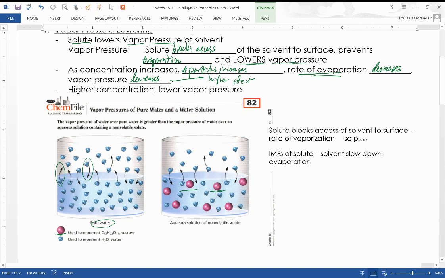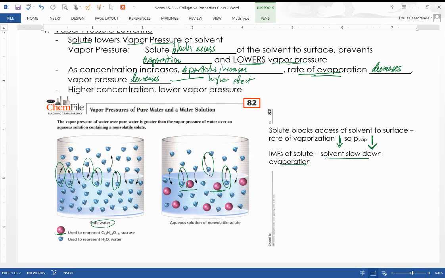So the rate of evaporation, let's see, we had 1, 2, 3, 4 going up, 1, 2, 3, 4 coming down on the left. Now we only have 1, 2, 3 going up. So we've decreased the rate of evaporation, so that solute slows down the evaporation rate. So the rate of evaporation goes down up here, and so the vapor pressure also goes down. So a higher concentration leads to a lower rate of evaporation, leads to a lower vapor pressure.